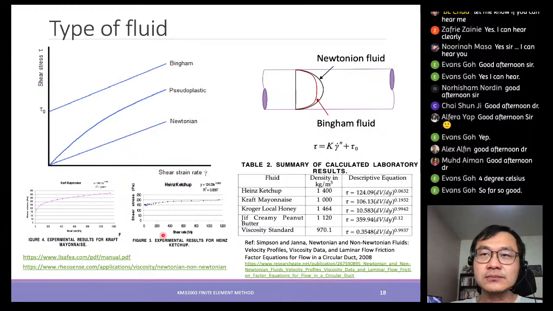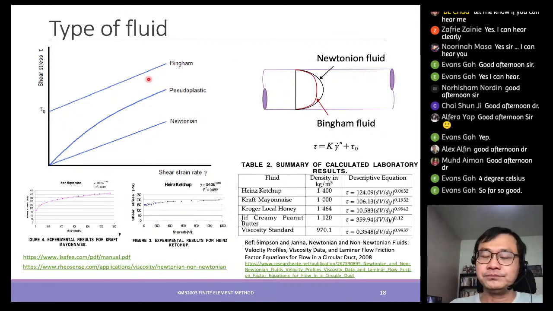For the type of fluid, as we mentioned, we are dealing with incompressible fluids, and there are three types: Newtonian, pseudoplastic, and Bingham. So there are three types of fluids that you may want to model, that can be modeled in the FEA.